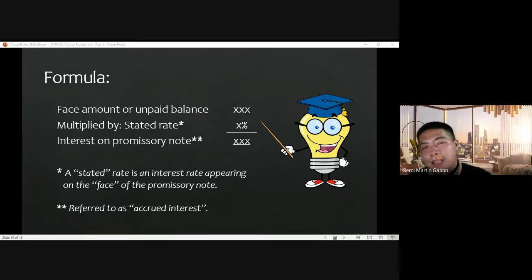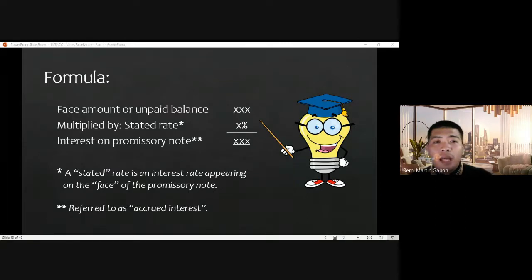But nonetheless, kindly recall that accrual method, because the interest that relates to an interest-bearing promissory note is referred to as accrued interest. You can only find accrued interest in interest-bearing receivables, for example, interest-bearing notes receivable.